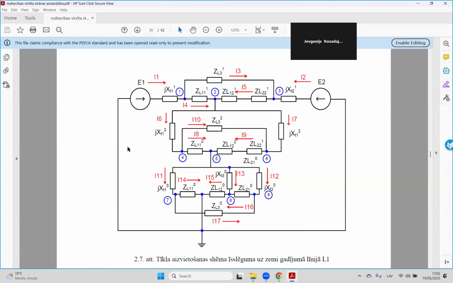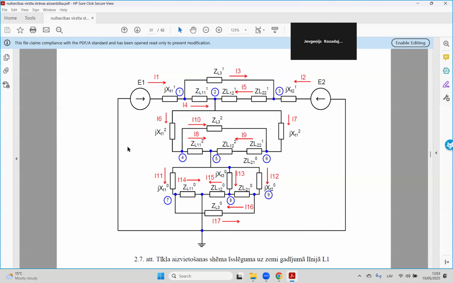Here you see, in blue, we have numbers for every node, except one: the grounding node. We only name the nodes that are not connected to the ground, because it is a voltage potential method, and the voltage of the ground is zero.